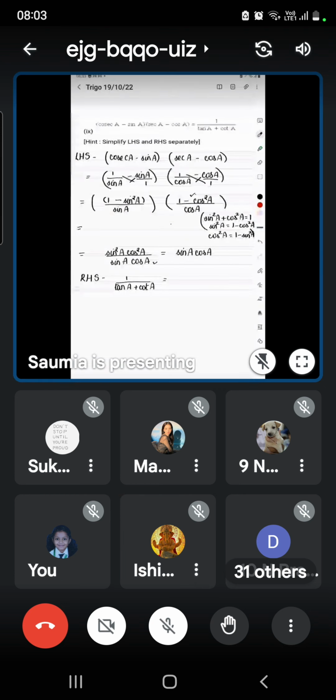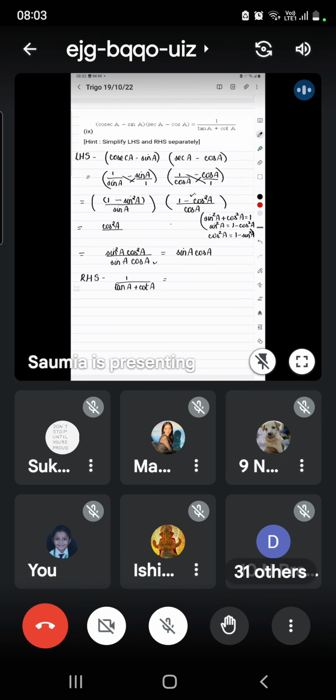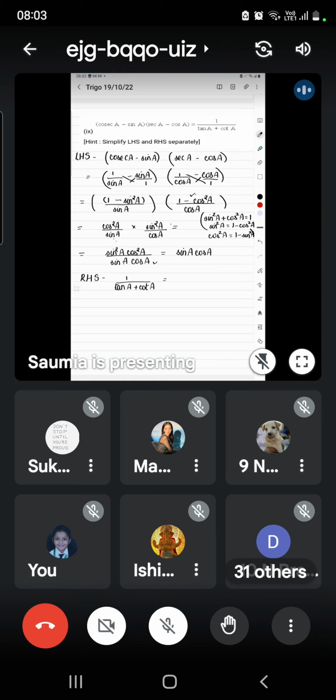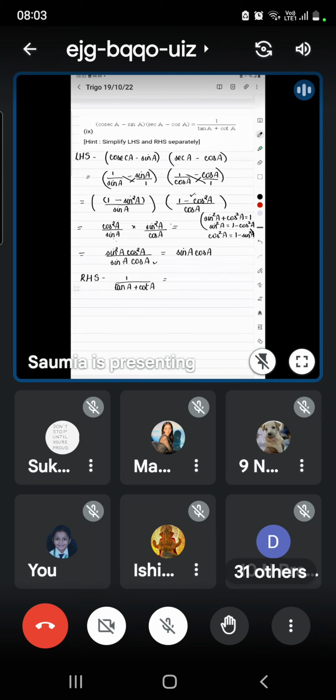Now, instead of 1 minus sin square A, I wrote cos square A upon sin A into sin square A upon cos A. Now, you can either cancel here itself or, because you're multiplying two fractions, you will multiply both the numerators together and both the denominators together. Is that correct? Did you understand? Yes, ma'am. Okay.